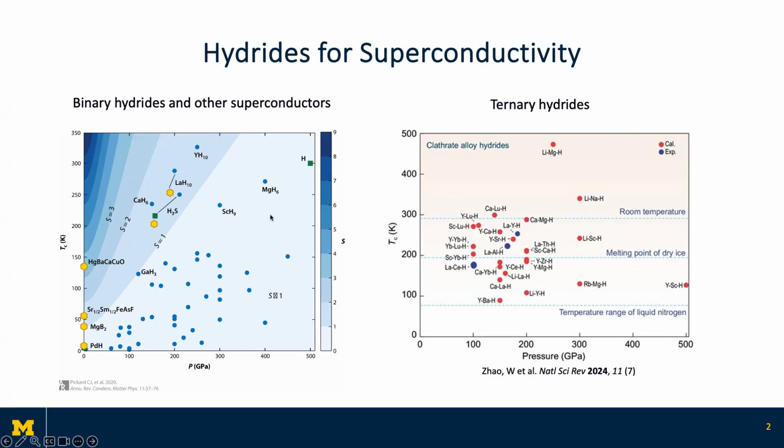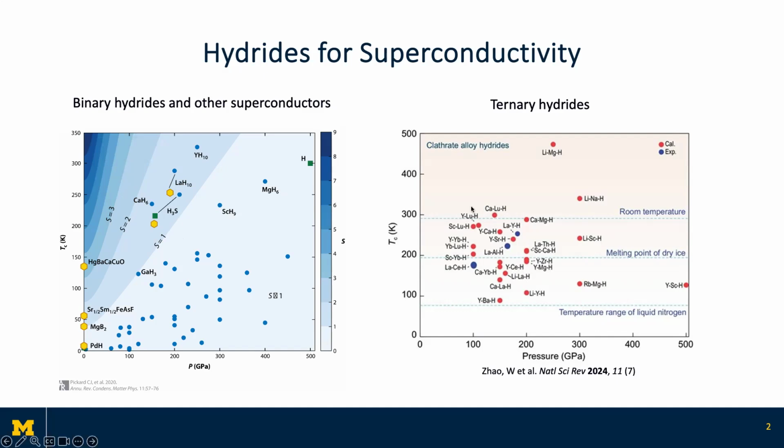In the figure on the left here, you see that these blue dots are experimental predictions for superconducting critical temperatures, and they span this whole space. But at the top, most of them are hydride materials. So this is why there's so much interest in them. And a couple of them have been experimentally verified to have these high superconducting critical temperatures.